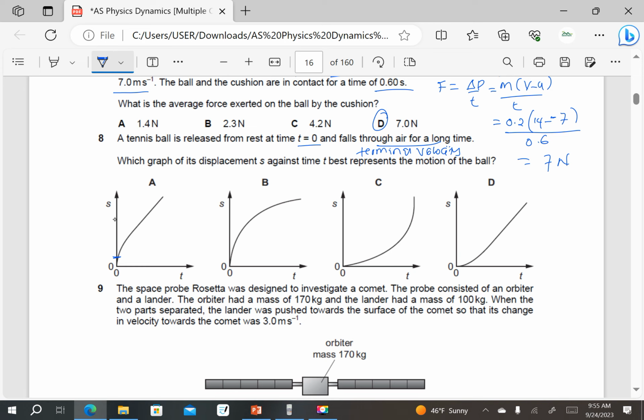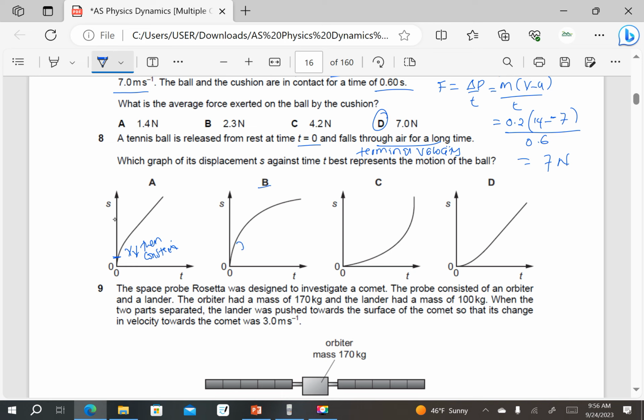So here it means the velocity first decreases, then becomes constant. Because here the gradient first decreases, then it becomes constant. Yet the velocity must first increase because it is falling due to an acceleration. So the velocity must first increase before it becomes constant.